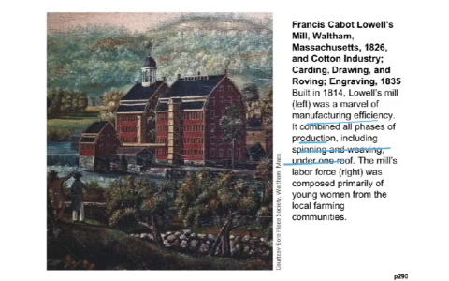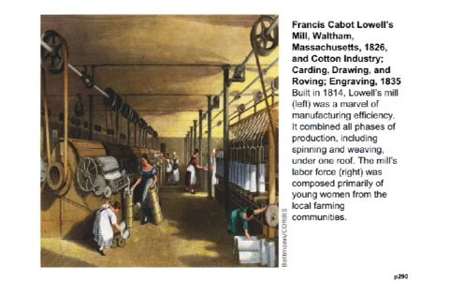As a result of these factories being able to produce fabric, a lot of women from other communities could easily buy fabric for their clothing. This is another picture of the Lowell Mill.